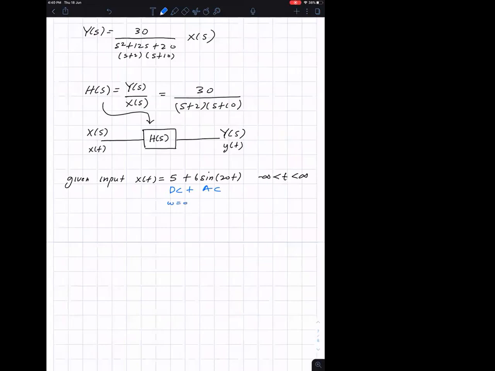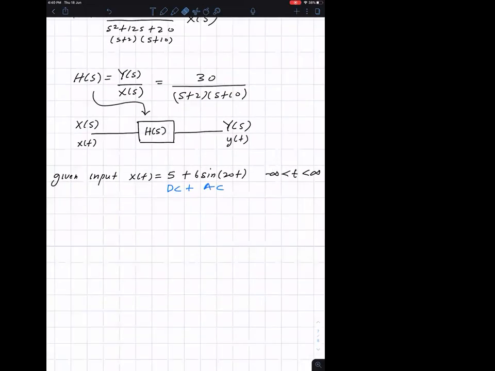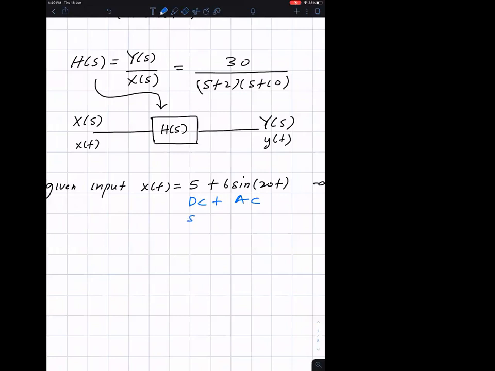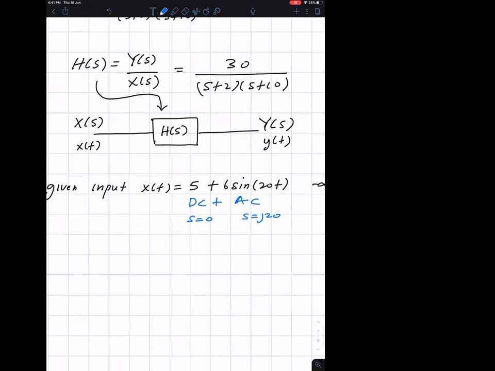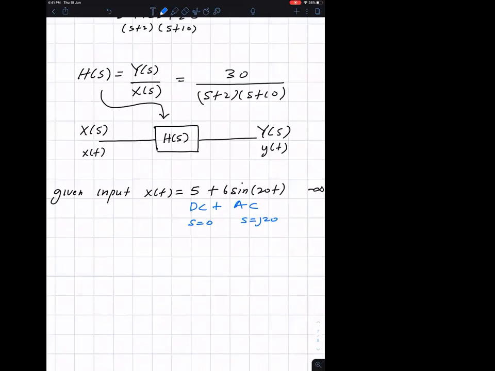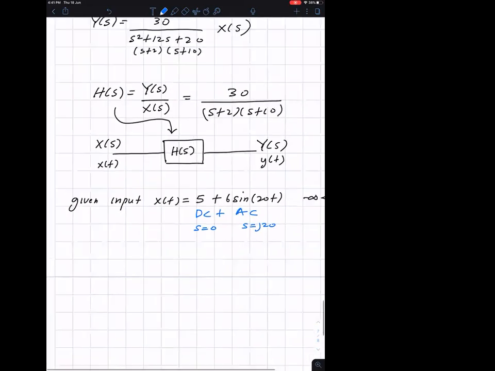In this case, for Laplace, we don't talk about omega, we're talking about s, a complex frequency. Here the frequency is j20 for AC. Any question?